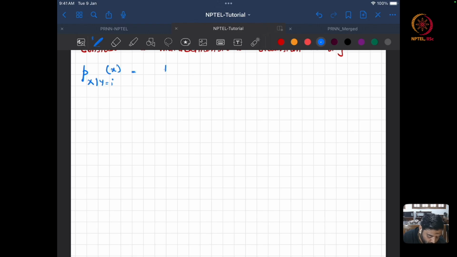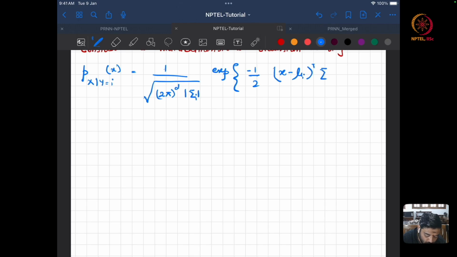It is 1 over square root of 2 pi to the power of d, determinant of the covariance matrix, into exp of minus half x minus mu I, transpose, inverse.